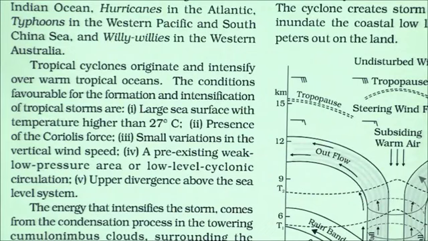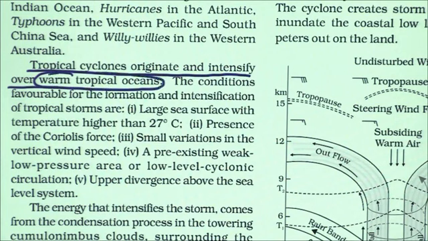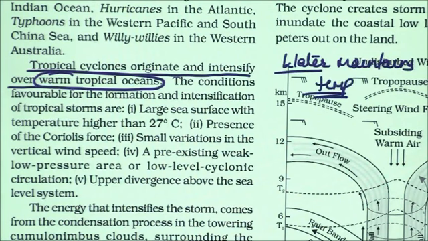Then NCERT reads, tropical cyclones originate and intensify over warm tropical oceans. We know that water always maintains its temperature. That is the reason when I say warm tropical ocean, I am essentially talking about marginal water.